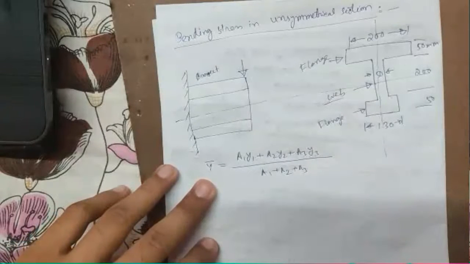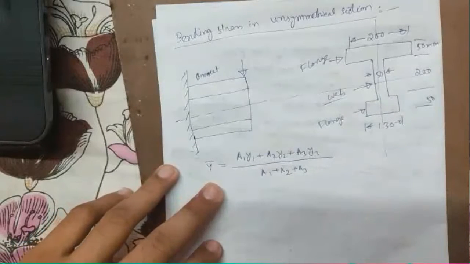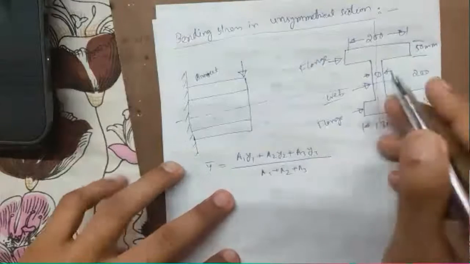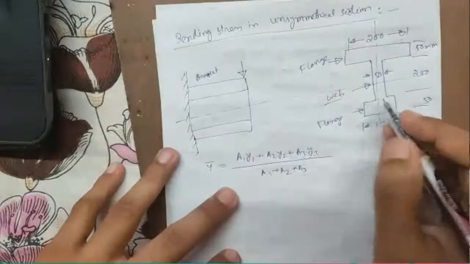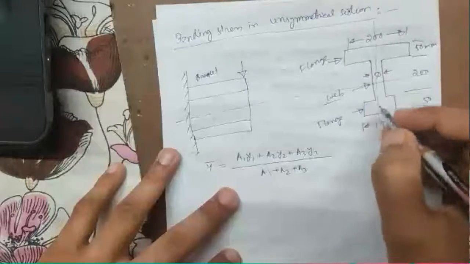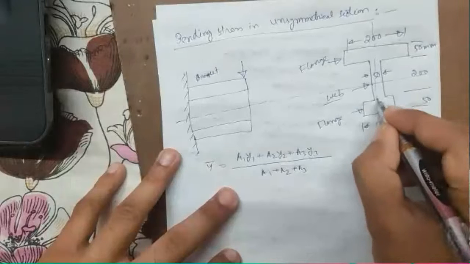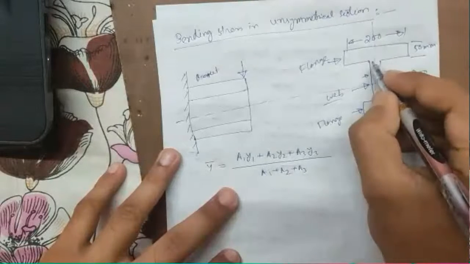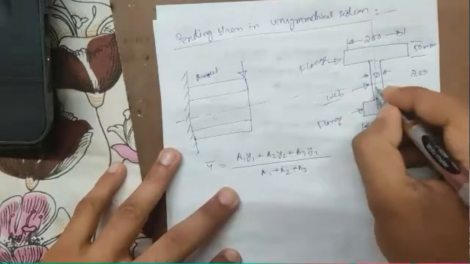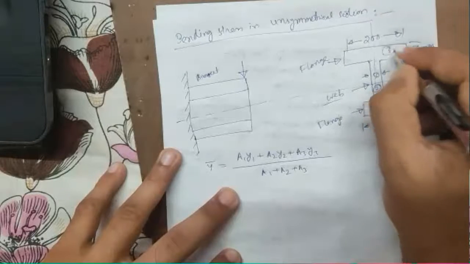is the area of section 1. So you can divide this section into 3 different sections. I am dividing them with the help of these dotted lines, and we name this area as 1, this area as 2, and this area as 3.